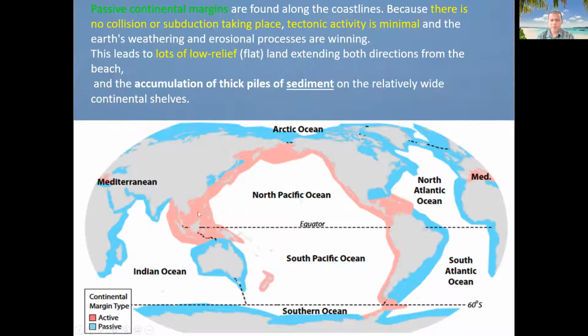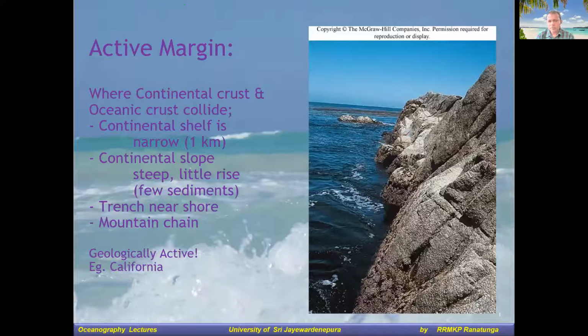But here, Japan and Taiwan and all along there are the active boundaries. Right? So as I mentioned before, if you see mountains close to the sea, that is some indication that this is an active margin.